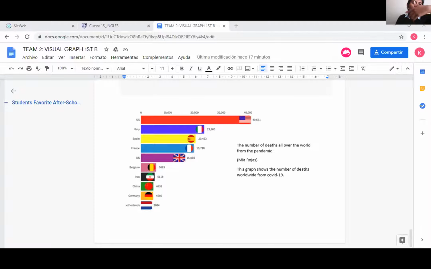Can you tell me any speculation? Probably because, well, I think because the people that live there don't protect themselves correctly, and that's why the people are being infected by COVID-19.